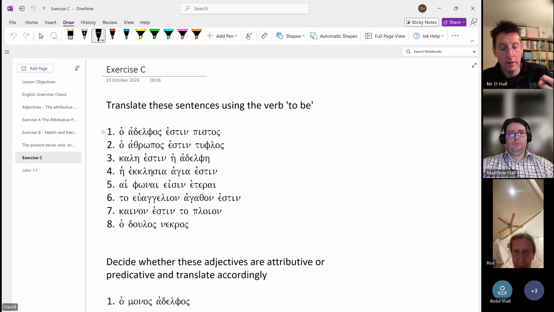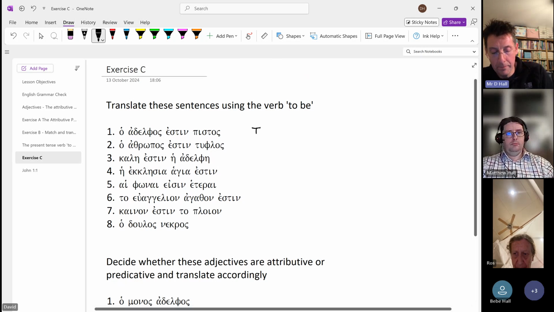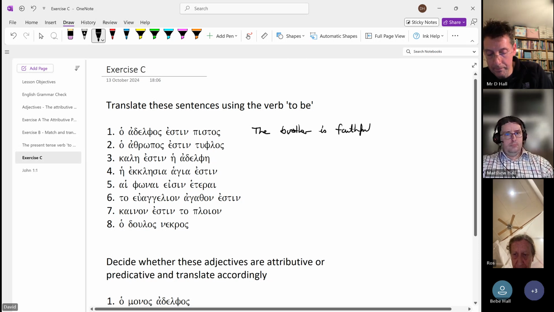Estin is the verb to be, and then pistos, which is faithful or believing. So in this case, probably faithful makes sense. So we've got the brother is faithful. All right, that's written as it should be.